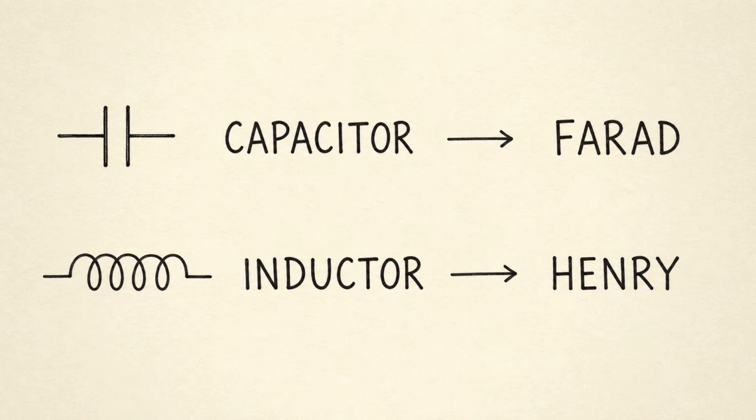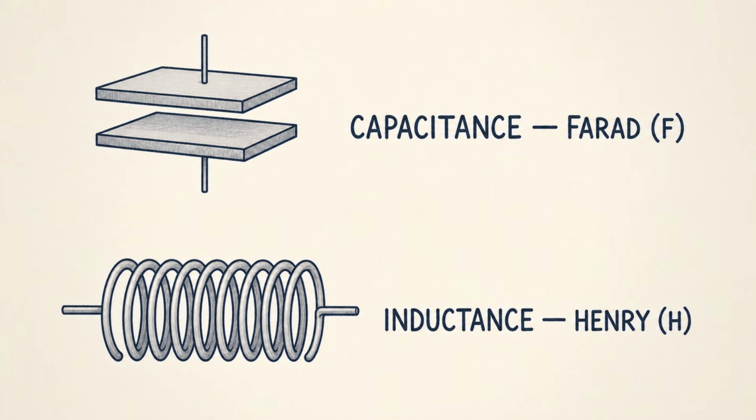This is easy to mix up, so keep it separate. Capacitance is measured in farads, named after Faraday. Inductance is measured in henries, named after Joseph Henry. In radio circuits, inductors are used in filters, tuning circuits, oscillators, and matching networks.